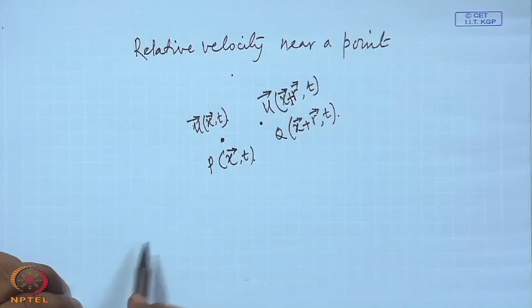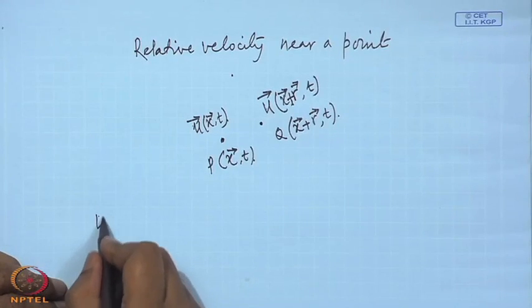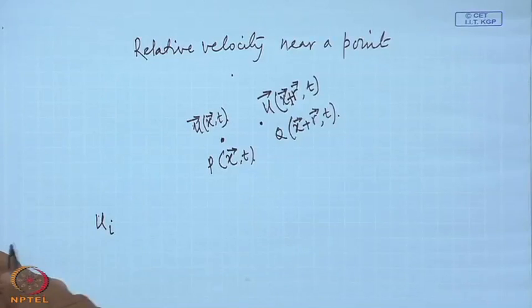Now, again introducing that vector notation, what is the difference between these two?